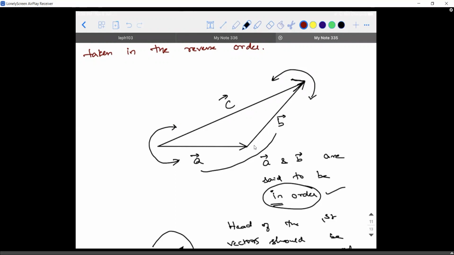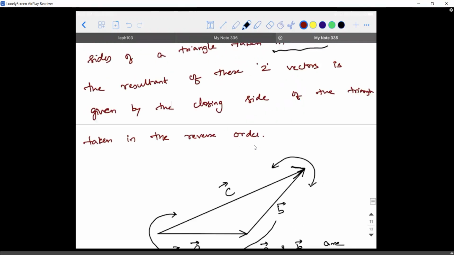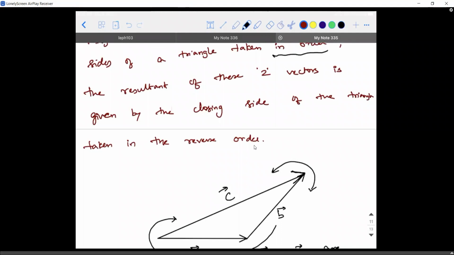Okay, if that is the case, I want to extend the statement. Closing side of the triangle taken in reverse order is equal to the sum of the vectors taken in order.